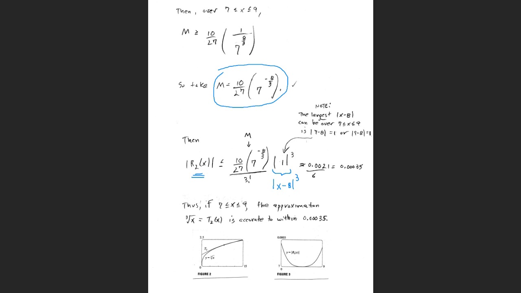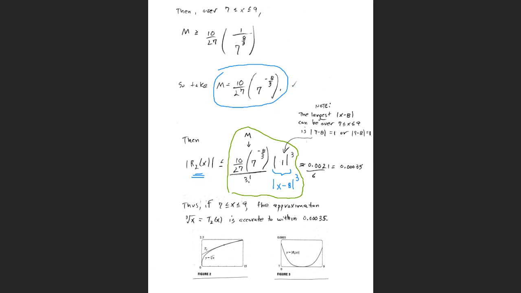We want the whole error bound on the right side to be as large as possible, because we don't want to say that our approximation is more accurate than it is. So we want to be conservative and take the largest error bound possible.